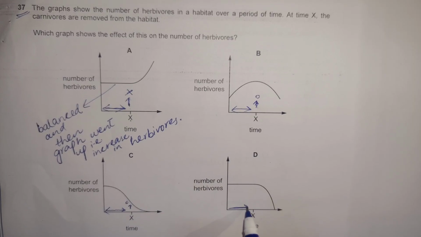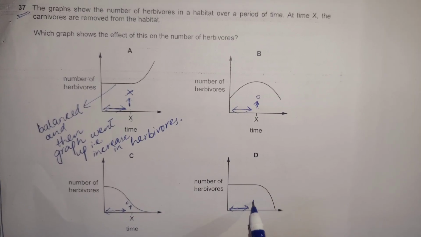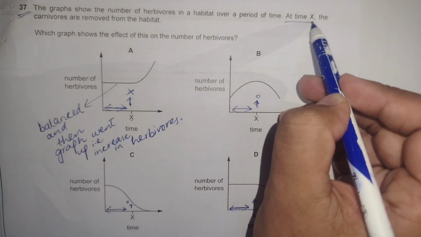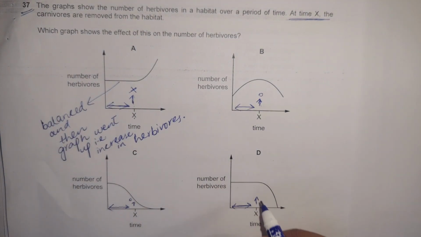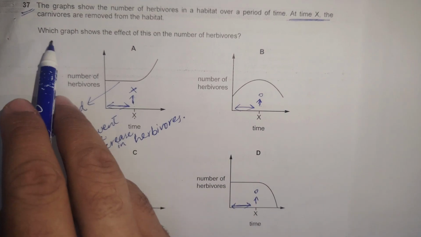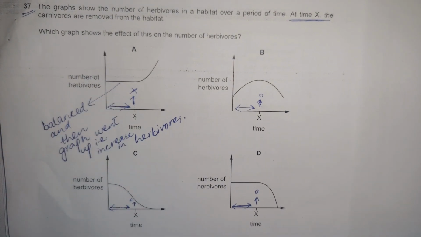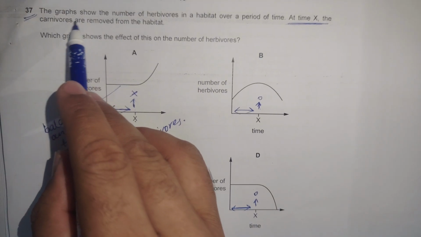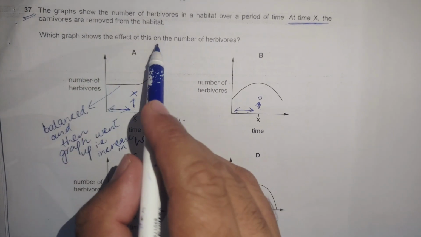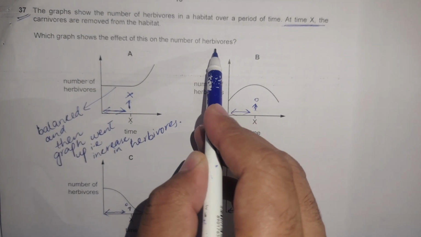Here carnivores were present, and at point X, as stated in the question, the carnivores were removed. So which graph shows the effect of this? The effect of removing the carnivores on the number of herbivores.